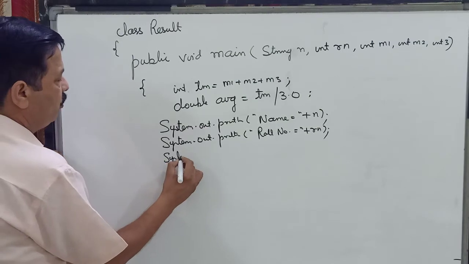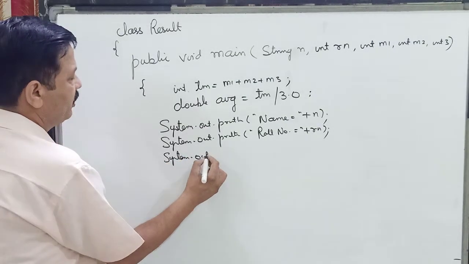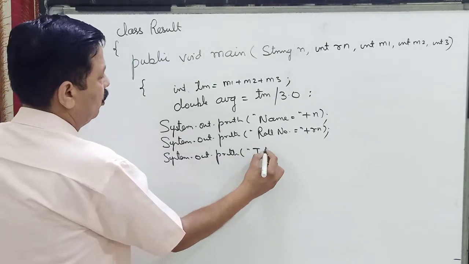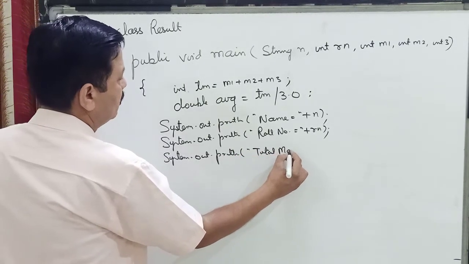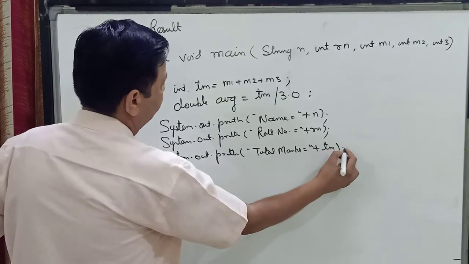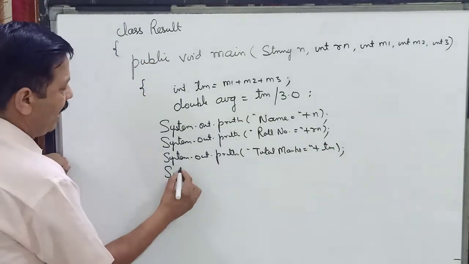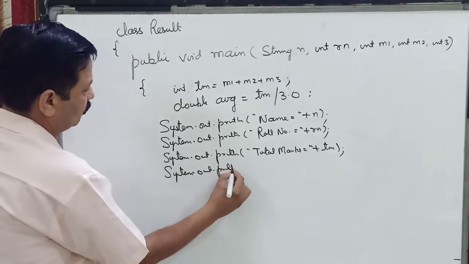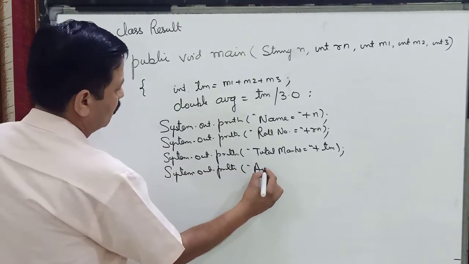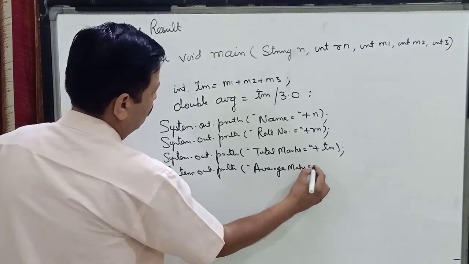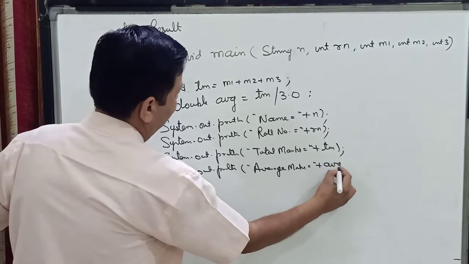Then children, I have to print total marks, which I have calculated in this program. So total marks, which I have stored in TM, and I have to print average marks, which I have stored in AVG.